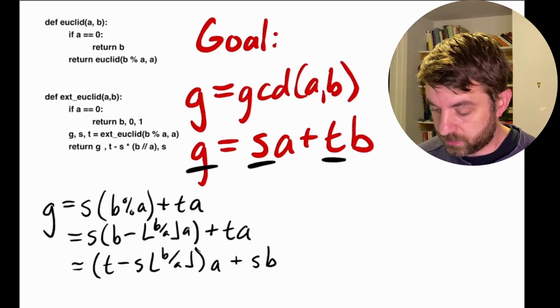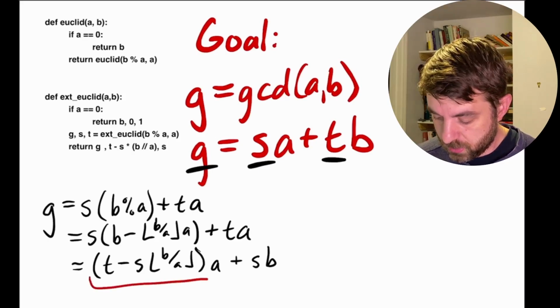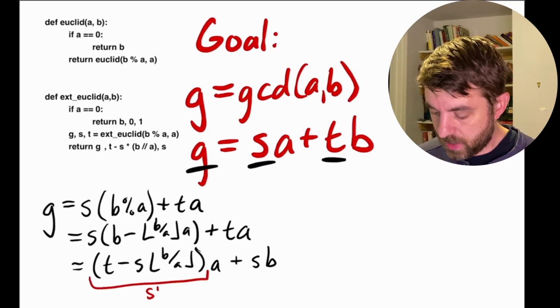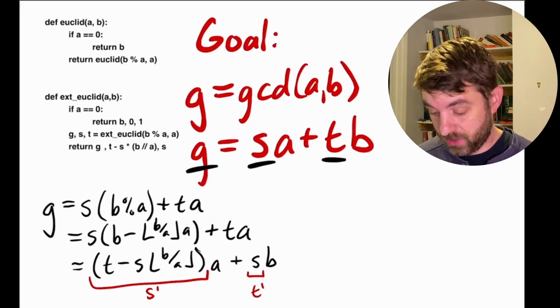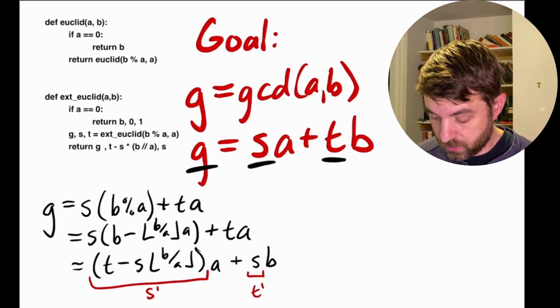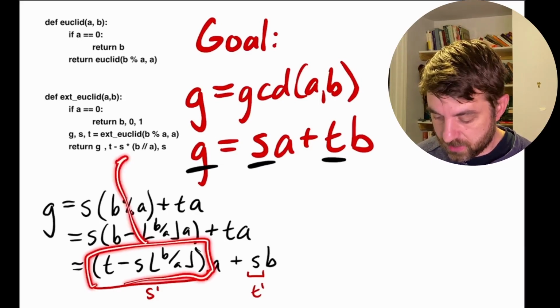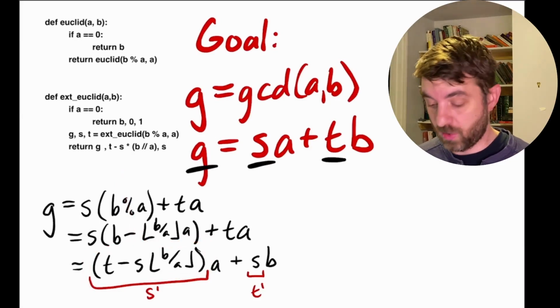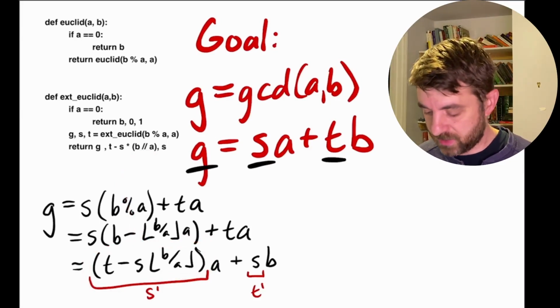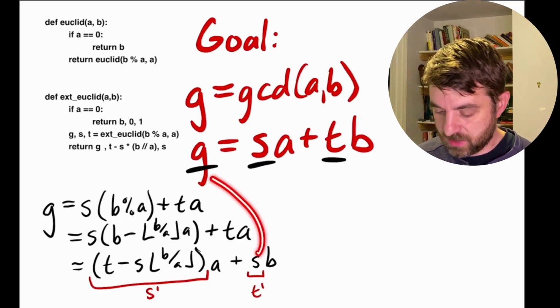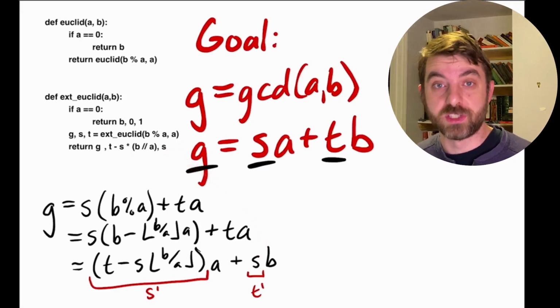So this is going to be the new S, I'll call it S prime, and this will be T prime. And you can see that actually that's precisely what we returned, right? This expression is T minus S times B over A. Remember, double slash in Python is integer division, rounding down. And this is what we return for T.